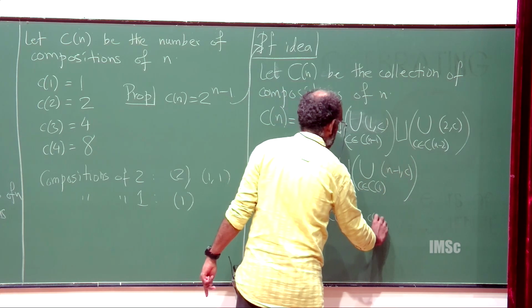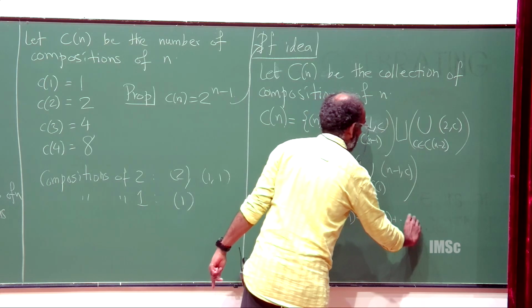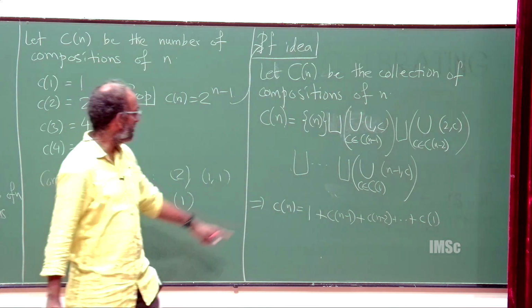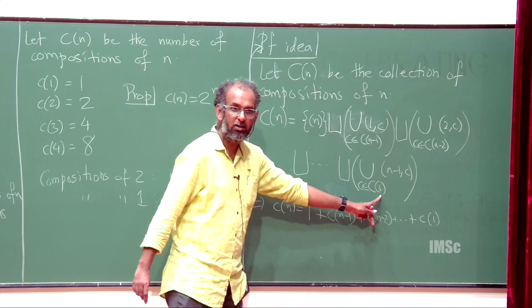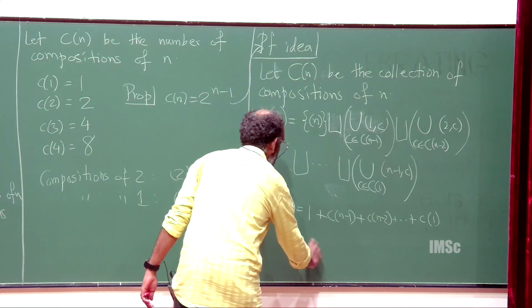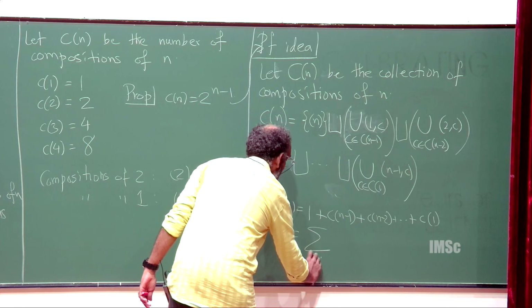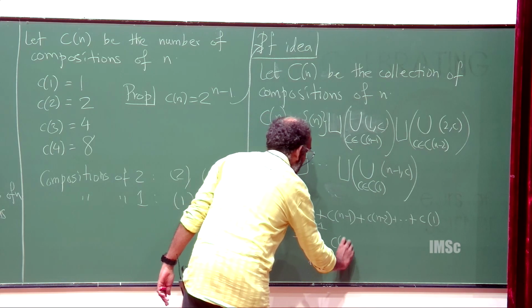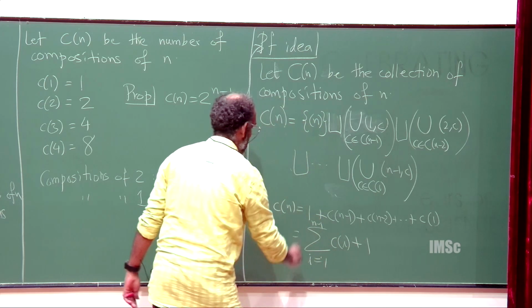Similarly c of n minus 2, all the way up to c of 1. A simpler way of writing it is the sum from i equals 1 to n minus 1 of c of i.